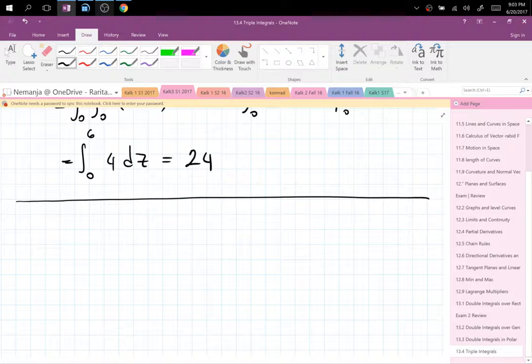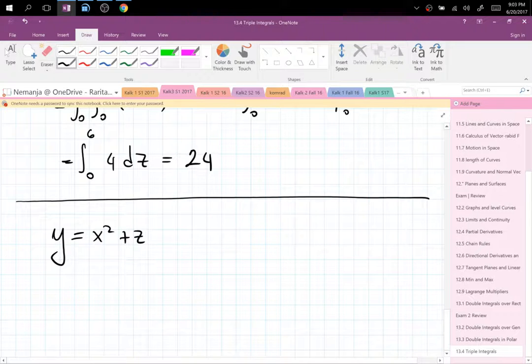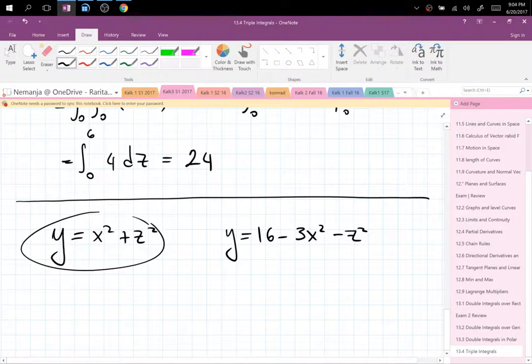These are going to be paraboloids. We have the paraboloid y equals x squared plus z squared, and the paraboloid y equals 16 minus 3x squared minus z squared. This one has circles and this one has ellipses.